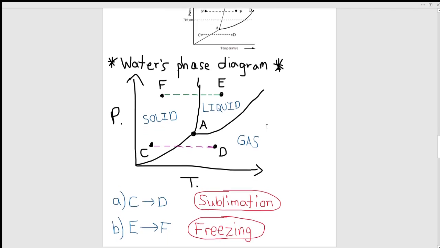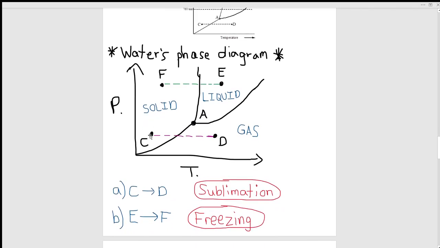This leftmost region right here is the solid phase of water. This in-between region is the liquid phase of water, and the rightmost region over here corresponds to the gaseous phase of water.